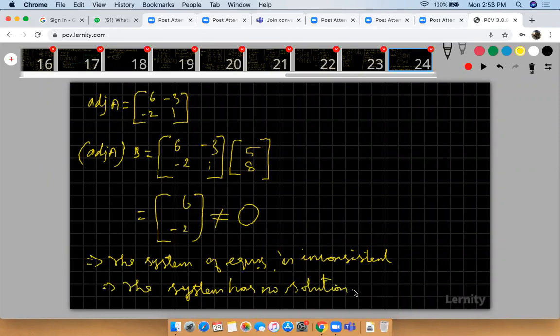Please try to understand: the system of equations is inconsistent. Why? Because adjoint of A into B is not equal to 0, which means definitely it is inconsistent. Not even a single solution exists, unique solution does not exist, and many solutions also do not exist. So these are inconsistent. Now come to another problem.